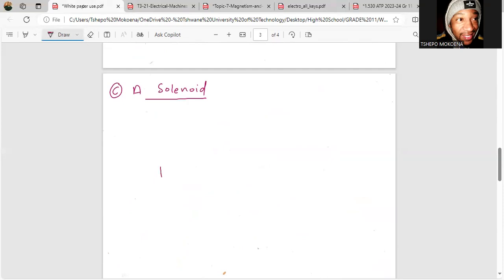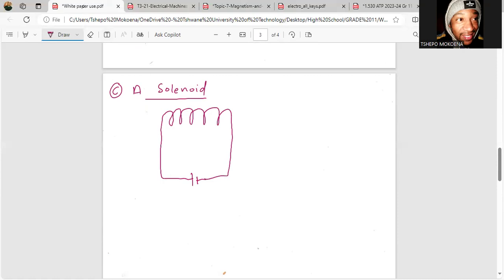So this side we have a solenoid. I'm not good, but it's fine. I'll discuss this picture with you so that you can understand what is basically happening.